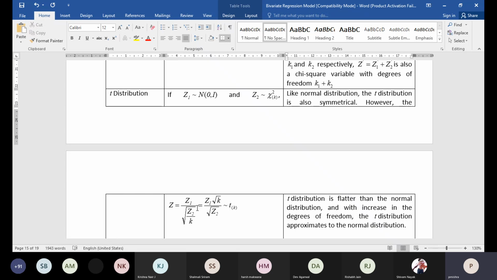And you might have seen in your other courses that when we go for testing statistical significance of the individual coefficients, the test statistics for individual coefficients follow T distribution. And we check the corresponding theoretical values from the T table.